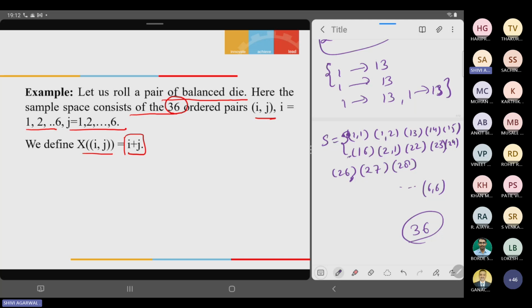Now we are saying xij is i plus j, so xij will start from 2, because the first entry is 2, then 3, then 4, then 5, then 6, then 7. Then 3, 4, 5, 6, 7, 8, 9. Sorry, here it is wrong. Here it will become 3 1, 3 2, 3 3, 3 4, 3 5, 3 6, and then again we can start from 4 1 and so on.